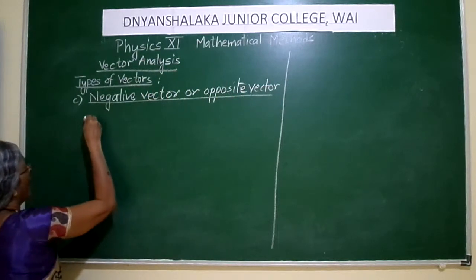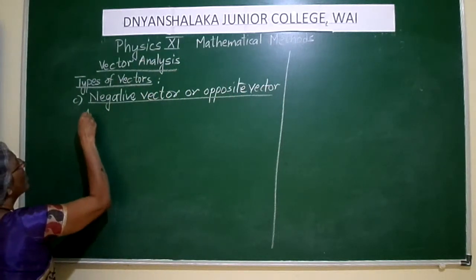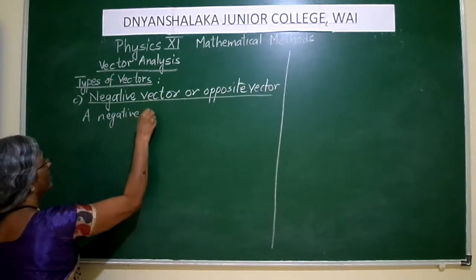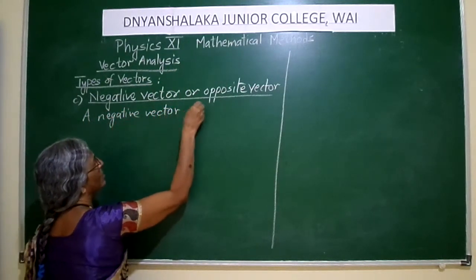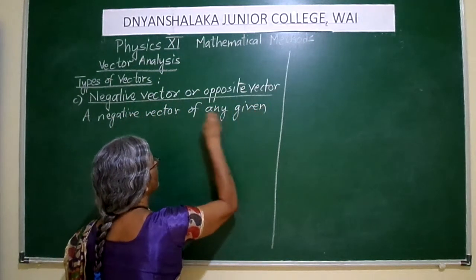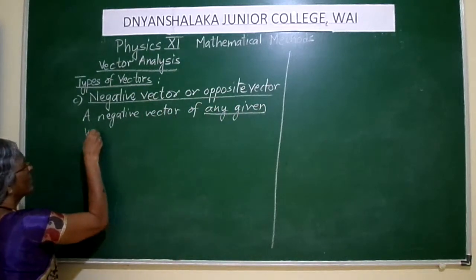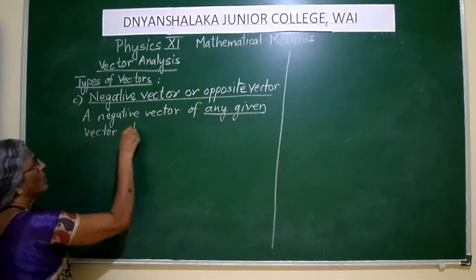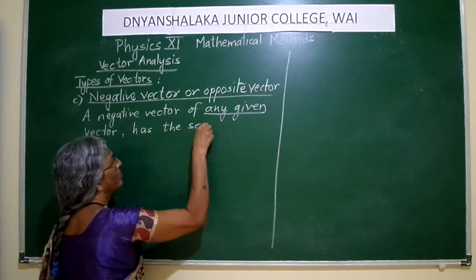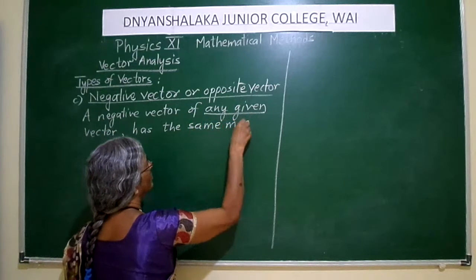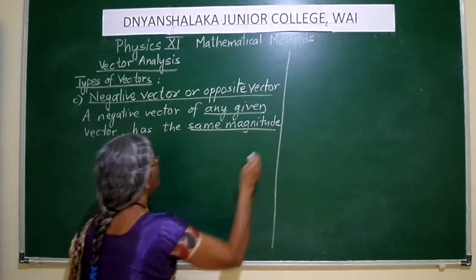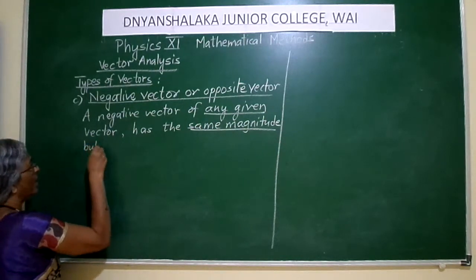We define it as a negative vector of any given vector having the same magnitude but opposite direction.